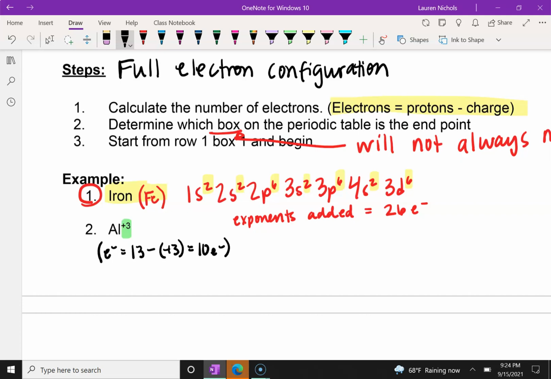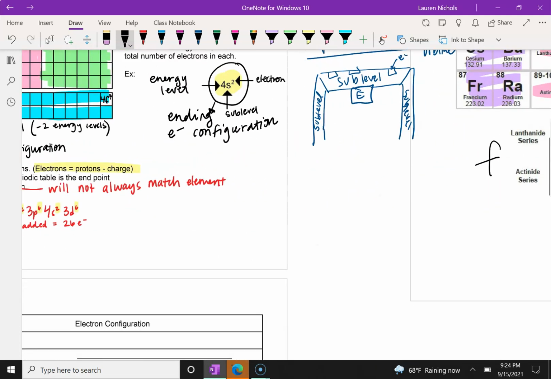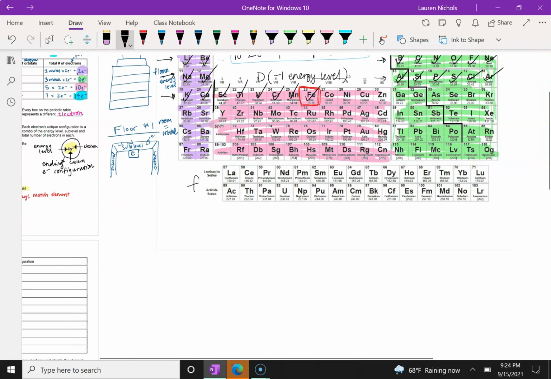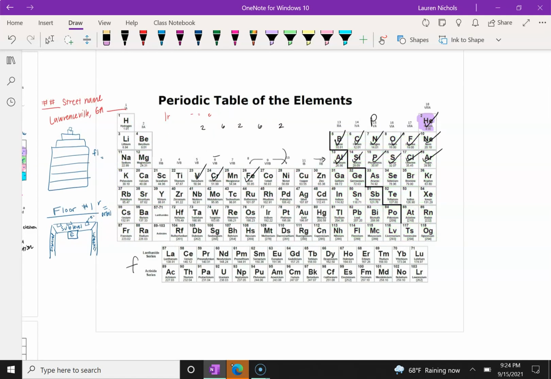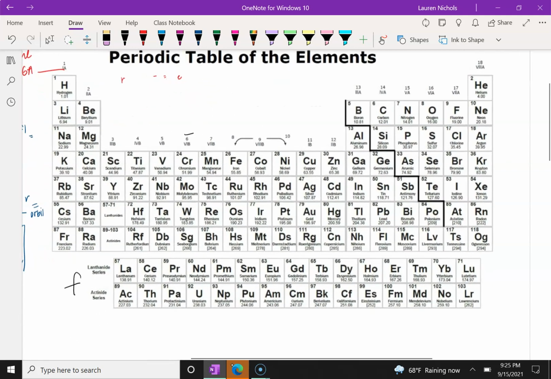So that means when I'm writing my electron configuration, which I'm going to have to erase all of the stuff from iron, instead of stopping here where aluminum is at number 13, I would stop there if I had 13 electrons. But since I only had 10, I'm actually going to stop where neon is, okay?